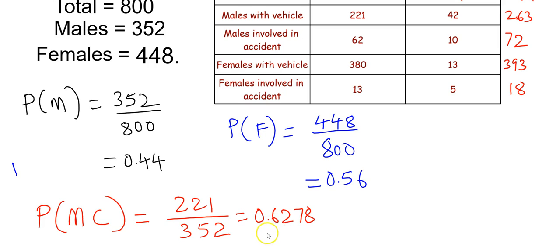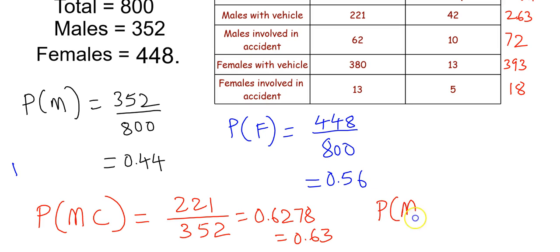You can round it to the second decimal, that is the 100th place, as 0.63.